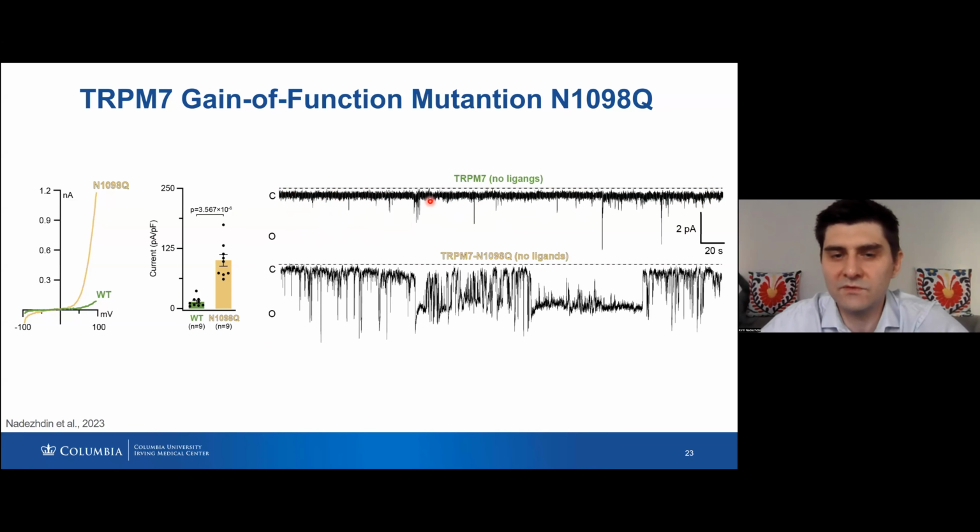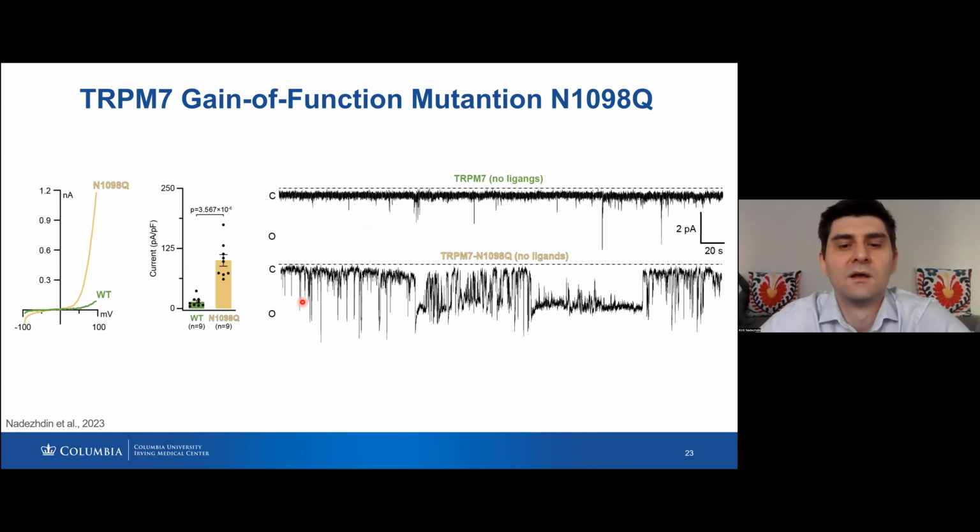And for the TRPM7 channel, without any ligands, for the apo wild type state, without any mutations, you can see some kind of sporadic flickering of the channel, and it was expected because this channel is so-called constitutively open. So it means it kind of opens and closes spontaneously.